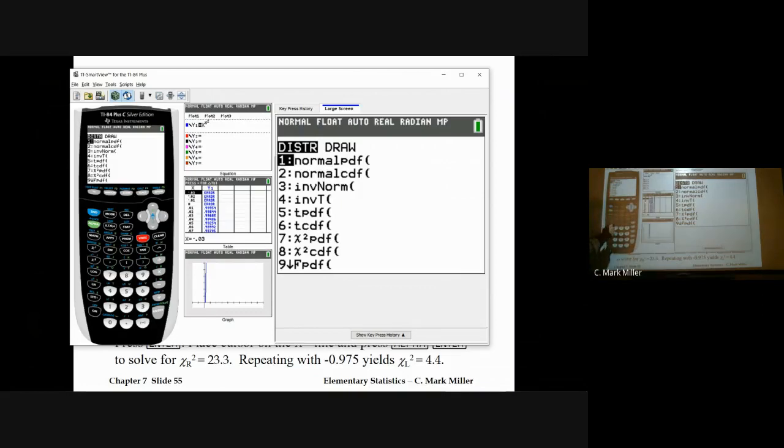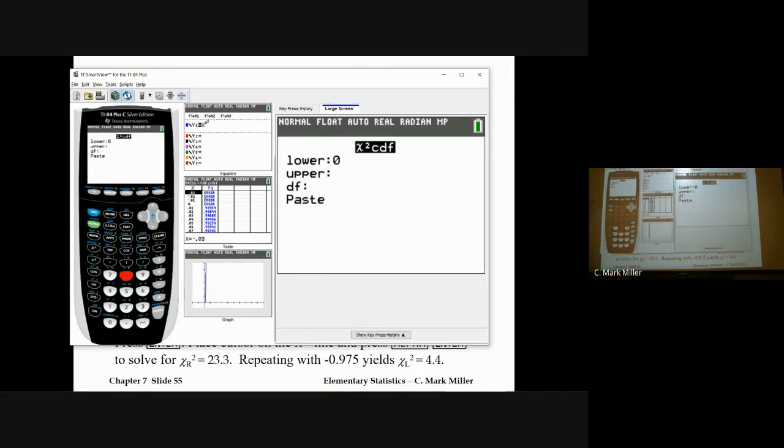Okay. All right, and I'm going to want my lower bound to be my x. My upper bound to be infinity. Degrees of freedom, in this case, 12. And paste.